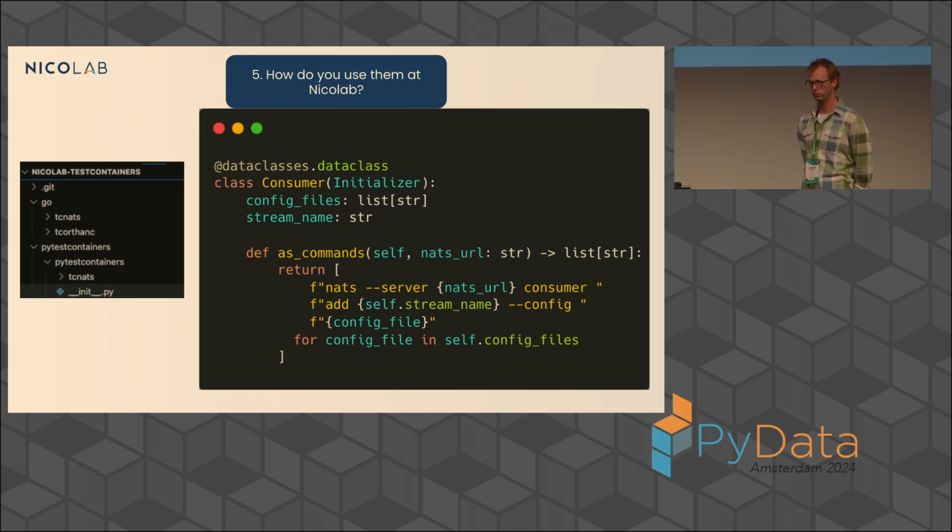Then if you want to spin up a container with, let's say, a MariaDB, you use the hook to load a script that is inserted into the database. It's not a perfect solution.